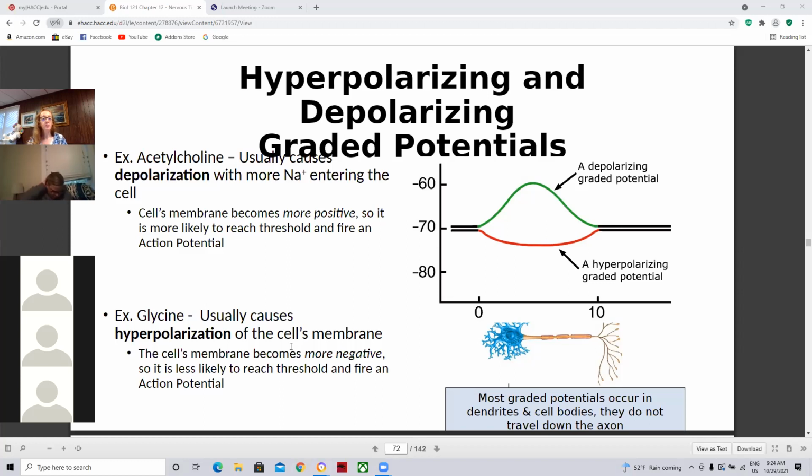Glycine causes hyperpolarization, causing the cell membrane to become even more negative. So it's less likely to reach a threshold and fire an action potential.